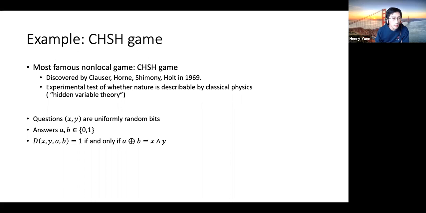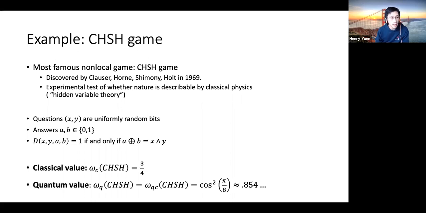So it's a very simple game, but it exhibits a separation between the classical and quantum values. So classically, the players can only succeed with probability 3/4. But quantumly, they can do better. Whether they use finite dimensional strategies or these commuting operator correlations, the maximum success probability they can achieve is this 0.854 value.